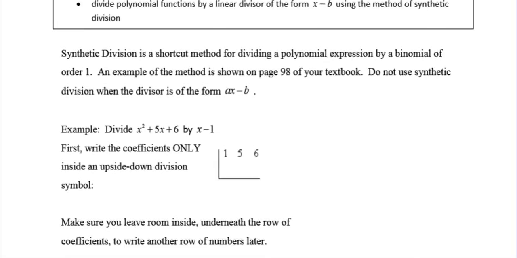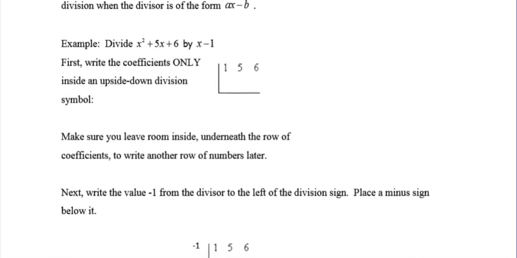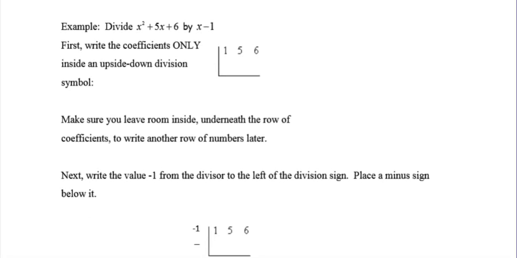It's kind of long and protracted, this note, but it's a super easy method. First of all, put your dividend in descending orders of power again, and the same rule applies about the placeholders. If you're missing one of your exponents, make sure you put a placeholder term in.